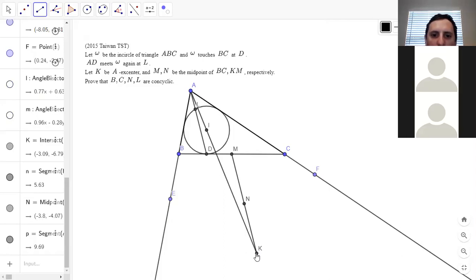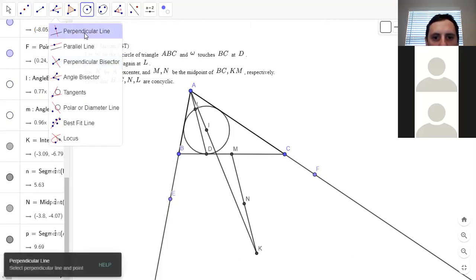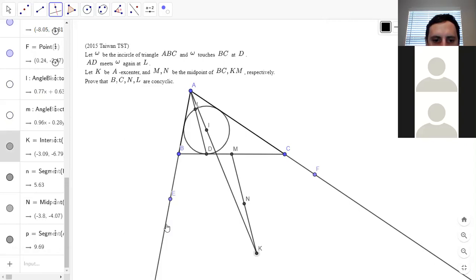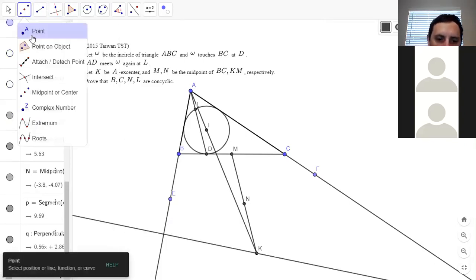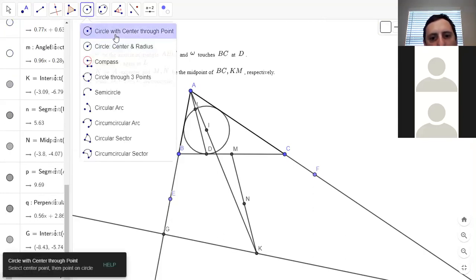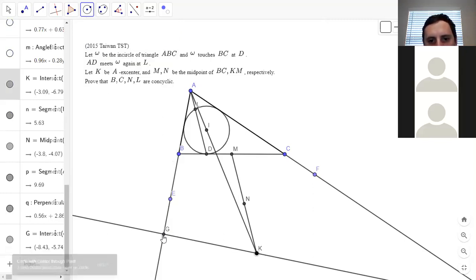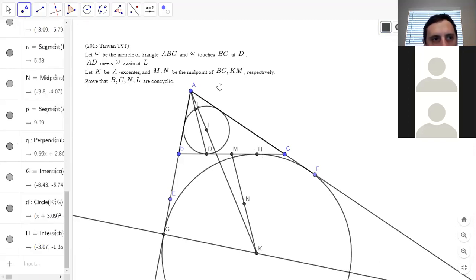Probably wouldn't hurt to draw the excircle. I wish there was some GeoGebra code to just draw the excircle. Maybe there's a way to program it in. Is it true that AD is parallel to MK?